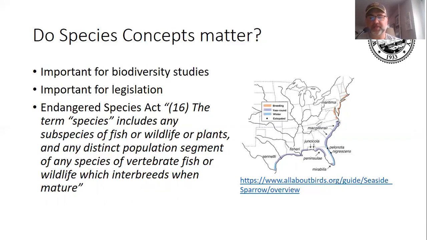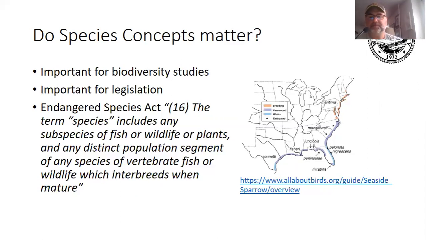So it is the biological species concept, but with the caveat that it actually interbreeds, not can interbreed. So it sounds like if I was to classify what species concept the Endangered Species Act adheres to, it would be more of the phylogenetic species concept or the evolutionary species concept. Okay, which is a tip of the hat to the biological species concept.